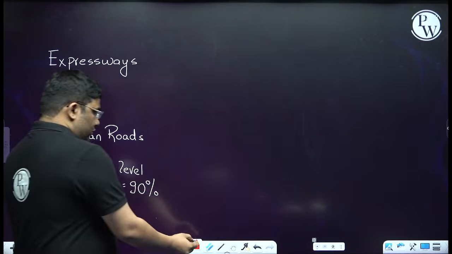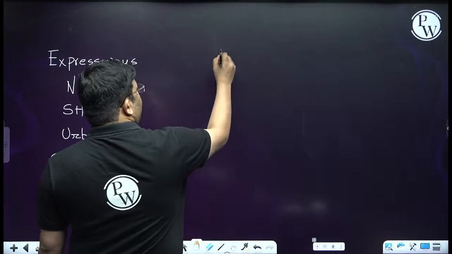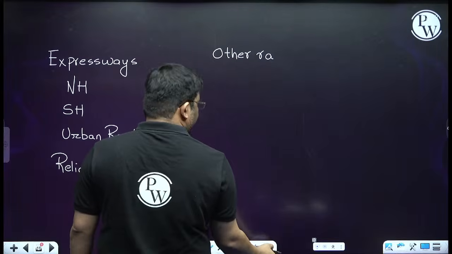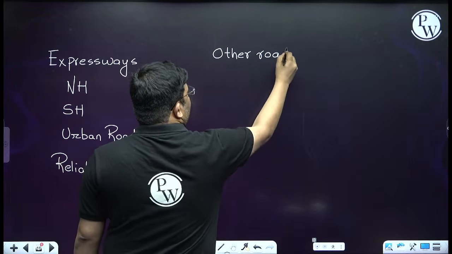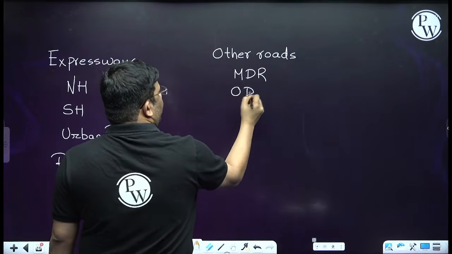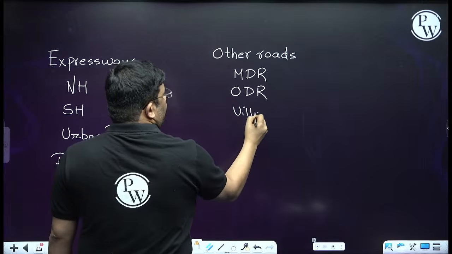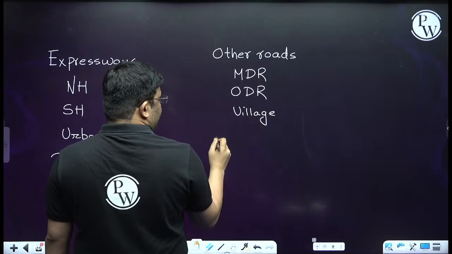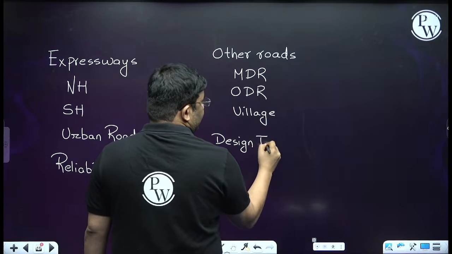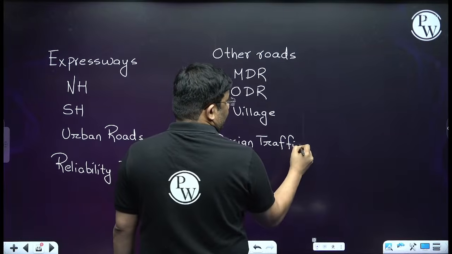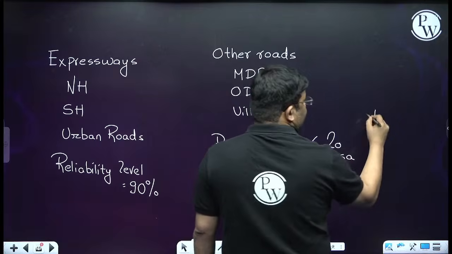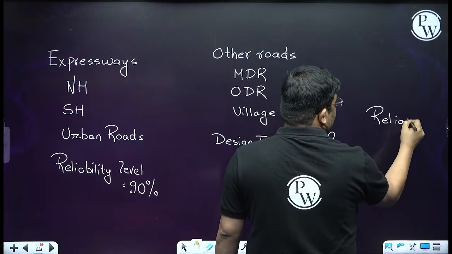Now for other roads like major district roads or village roads, if the design traffic is less than or equal to 20 MSA, million standard axles, then we'll take the reliability level as 80%.